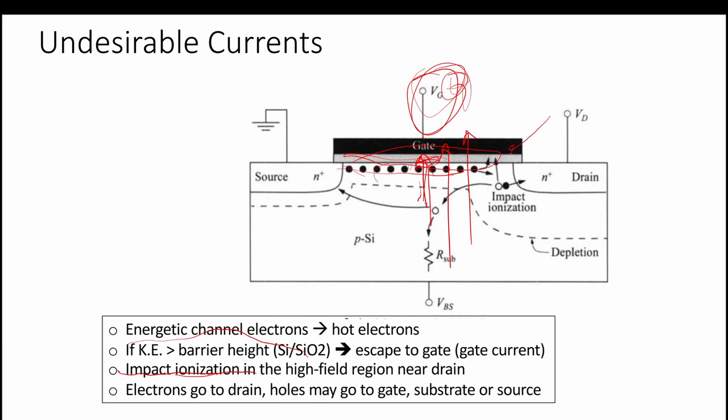This degrades the oxide layer, the dielectric layer. Gradually your device will go down, it will get damaged, and it won't be in working condition. So it affects the lifetime of the gadgets we have, mobile phones, laptops, whatever.